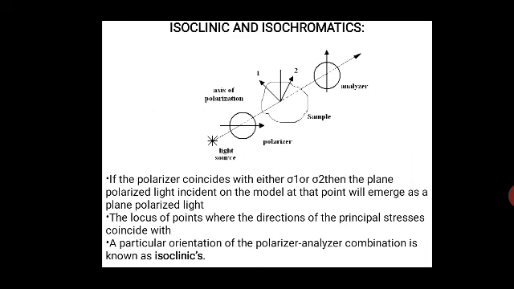And what isoclinics and isochromatics are, we will be discussing now. See, isoclinics: if the polarizer coincides with either the first normal stress or the second normal stress plane, then the plane polarized light incident on the model at the point will emerge as plane polarized light.